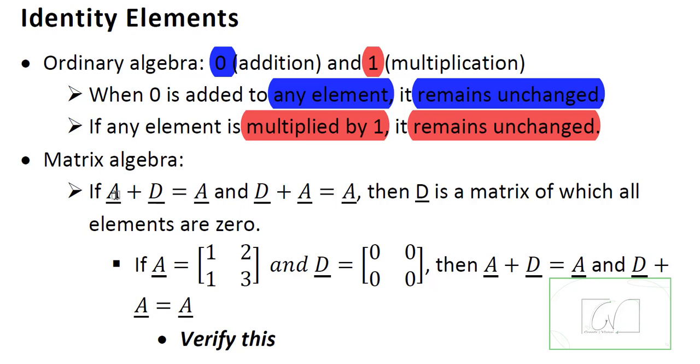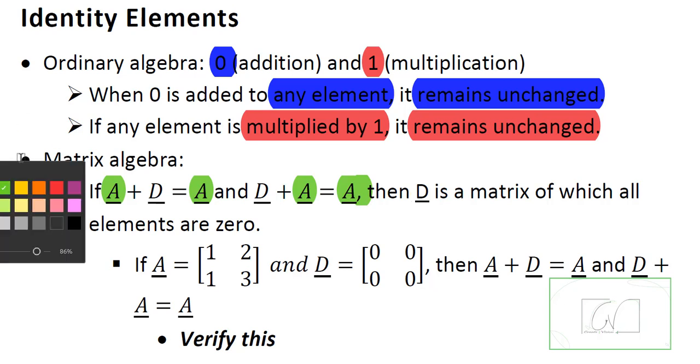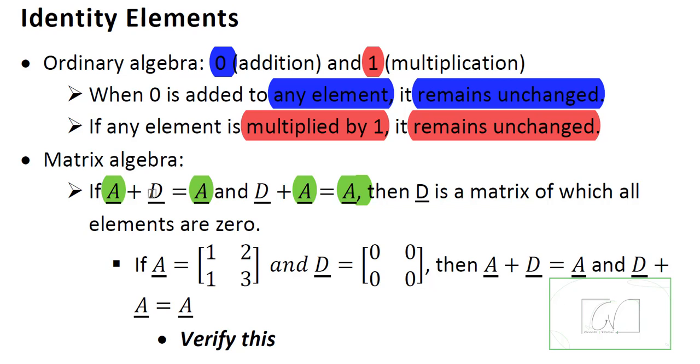So if you had any matrix A and D was your zero matrix, D right here was a matrix of which all the elements were 0.